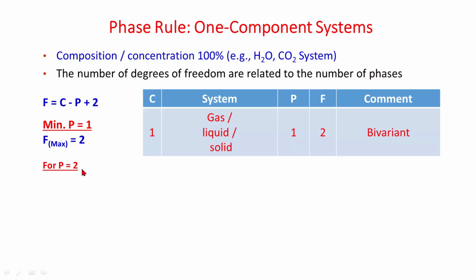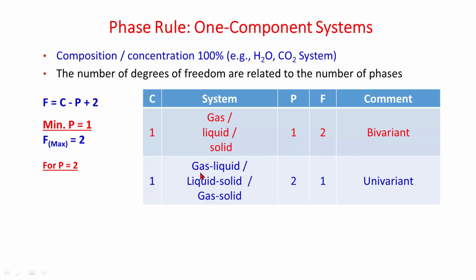For P is equal to 2, that means two phases are in equilibrium. That can occur when equilibrium is between gas and liquid, equilibrium between liquid and solid, and equilibrium between gas and solid.